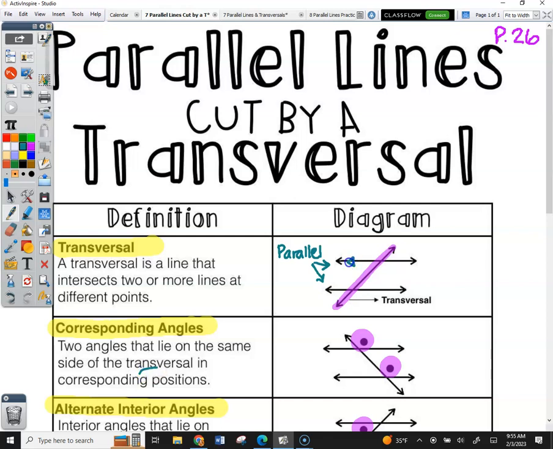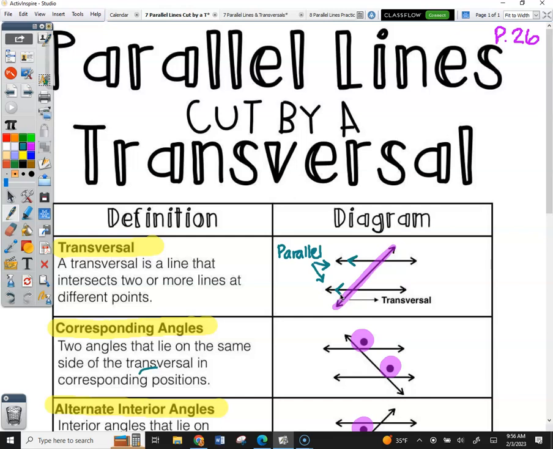You have a little triangle on the lines, almost like the feather of an arrow, to let you know that those two lines are running parallel to each other. Or you'll have what looks like an arrow right in the middle of the line, and that's to let you know they're parallel.